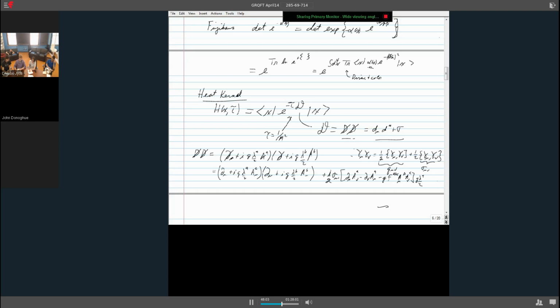Okay, so the symmetric combination just gives you those terms. And then there's a piece with 1/2 sigma mu nu again.